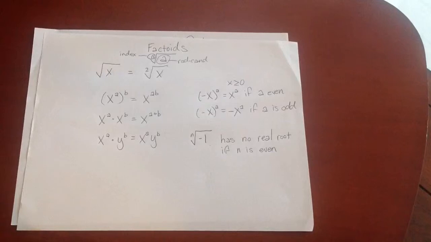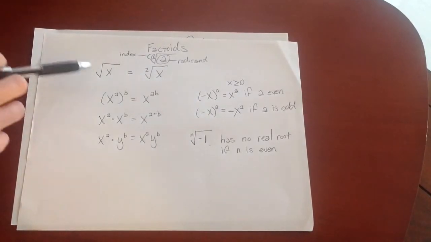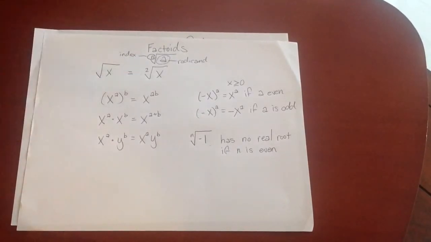And what we're asking when we have the nth root of a is what can we multiply by itself n times in order to get a? Also, if we don't have a number there and we just have a regular square root, that is the same as having an index of 2, because we're looking for a number that we can multiply by itself twice in order to get x. So it is a 2, we just don't write it.